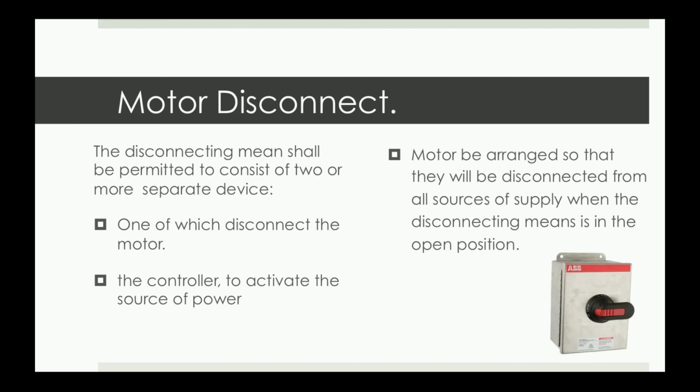So the motor should be arranged to disconnect all sources of power. Alright, so the disconnect means that the motor should isolate all the phases of the power at the same time.